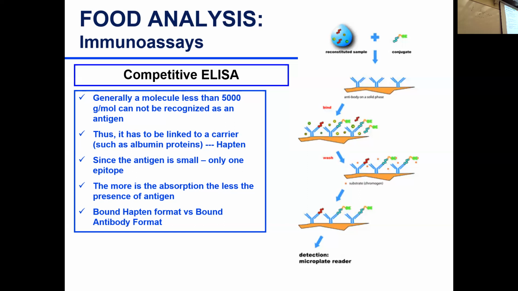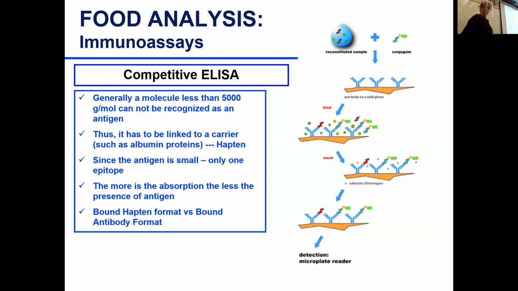So the same antigen I have in my sample, I have it linked in a hapten form, linked to the enzyme. So the more sample antigen I have, the more of the antigen in the sample will be bound, and the less of the enzyme linked one will be bound. Therefore, I would have less absorption. So here, it's an inverse relationship between concentration and absorption.